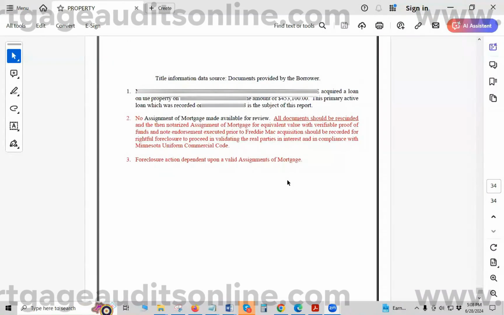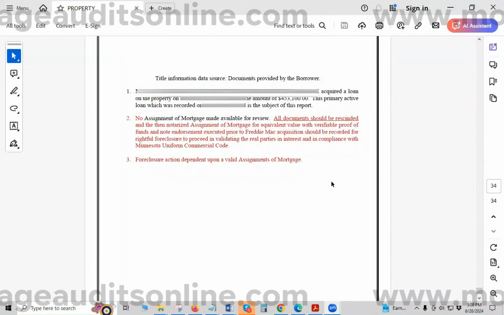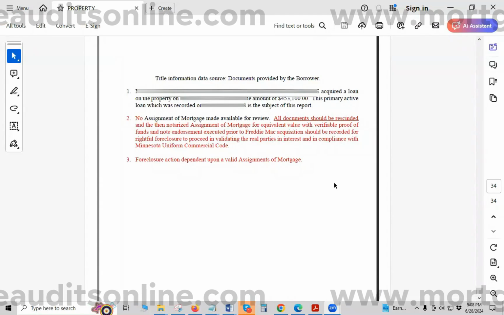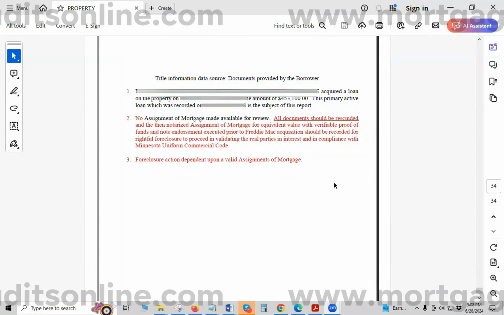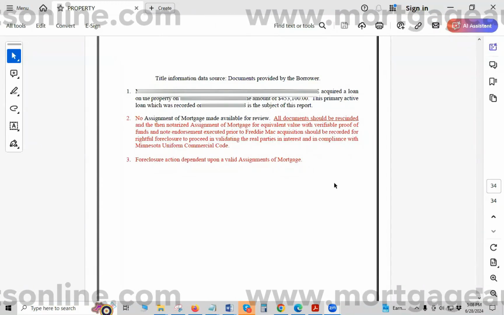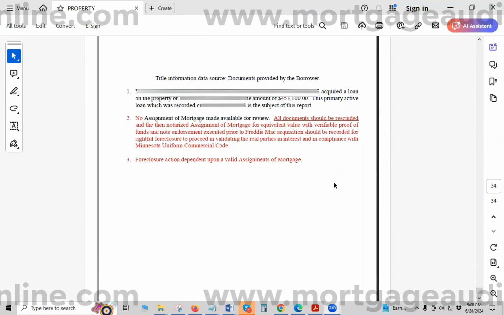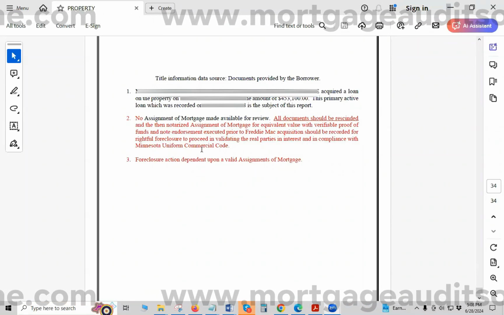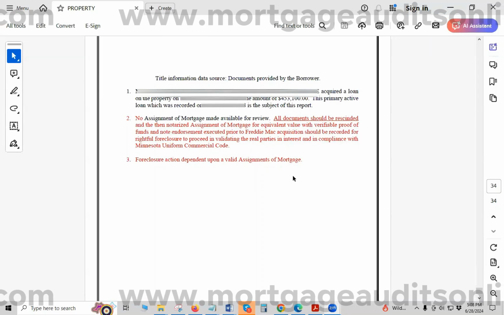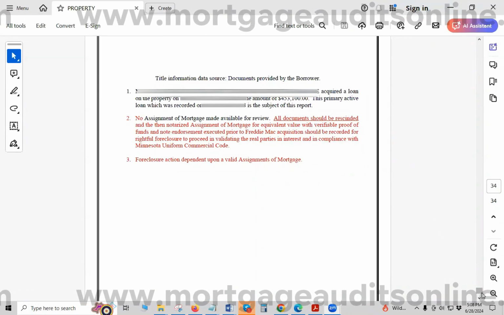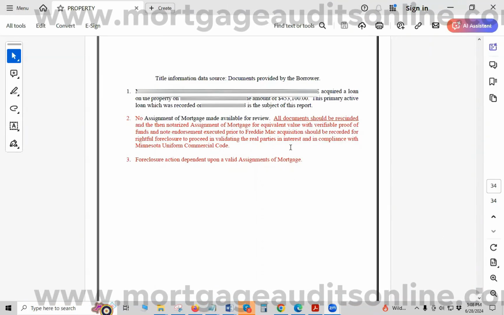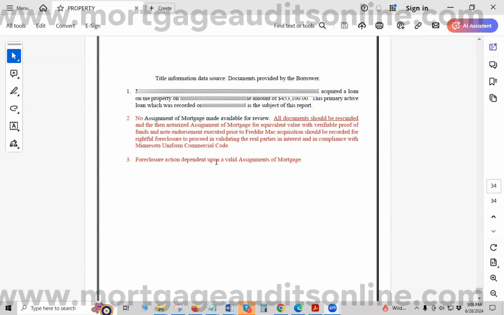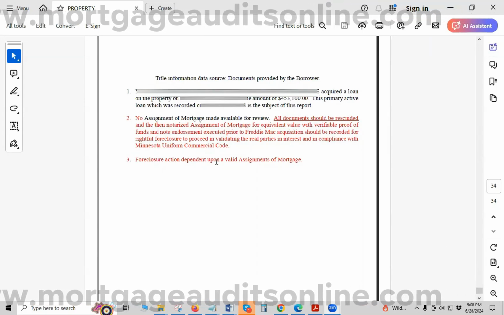Basically here again, he's reiterating the assignment issue and how the documents should be properly notarized and things of that nature. And he's even putting in here the UCC code of that state, which is very, very important. So that's a particular example of one securitization audit report, okay?